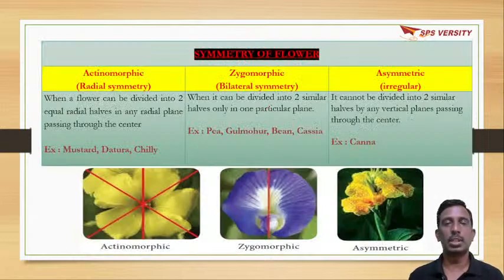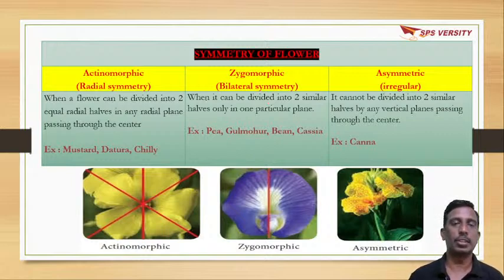When you come to study the flower in detail, the symmetry of the flower, there are basically three symmetries. Actinomorphic, which is also called radial symmetry in animals. Zygomorphic, which is bilateral symmetry.